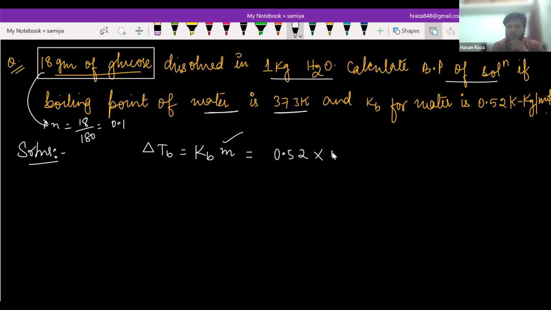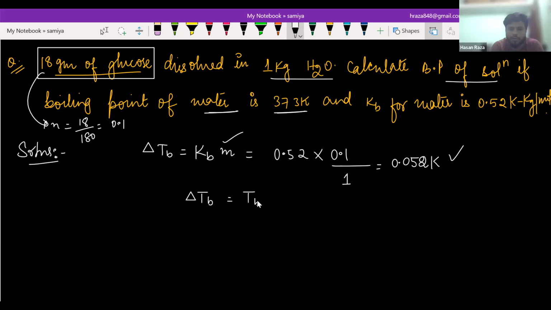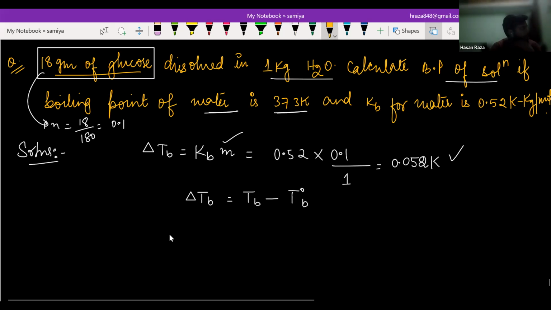This is 0.1 mole divided by solvent. Number of moles of solute upon mass of solvent, that is 1. So the value will be 0.052. Yes or no? Yes, sir. Now see, delta Tb is Tb, boiling point of solution, minus boiling point of solvent. This has a value 0.052.